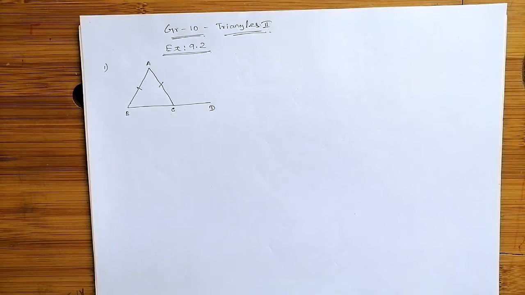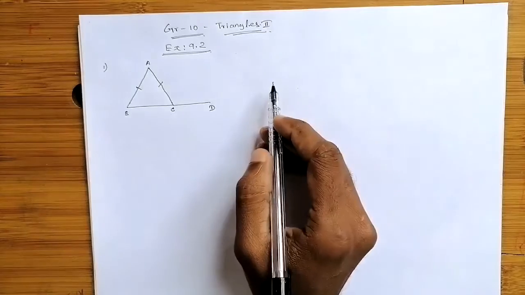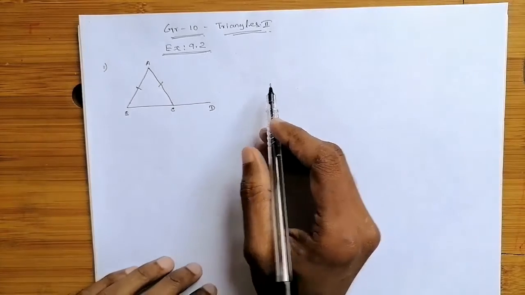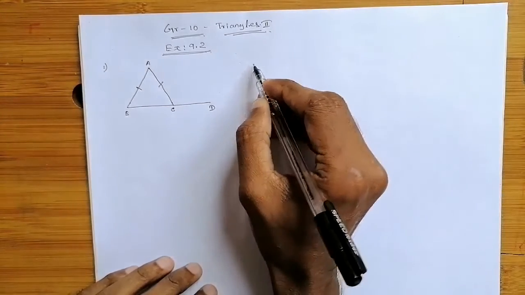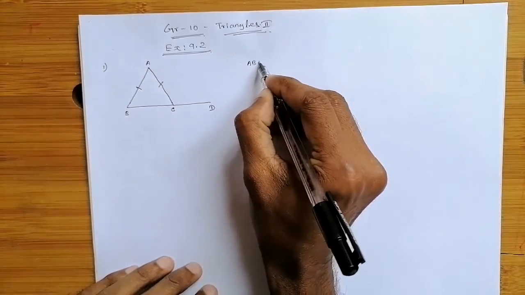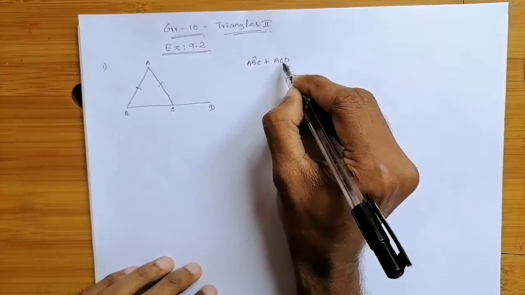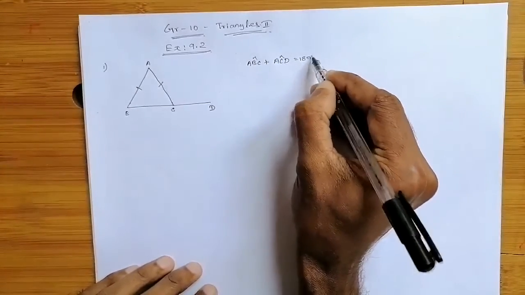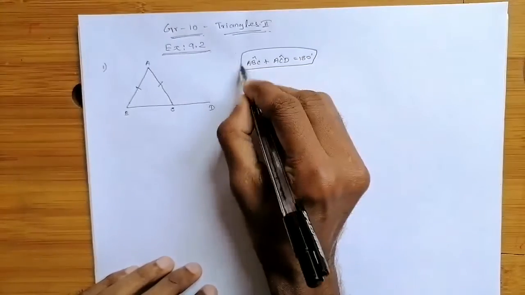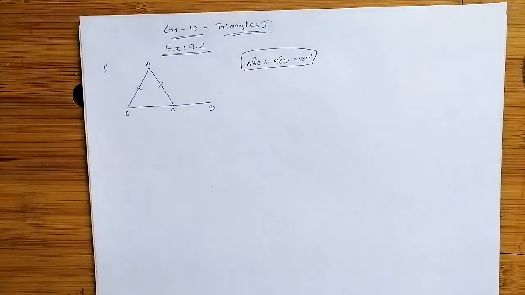So based on the information, prove that the sum of the two angles ABC plus ACD is equal to 180. So you need to prove that the sum of angles ABC and ACD is 180.